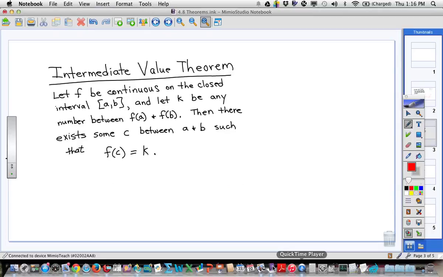Here's the second question I'm going to tell you on the test next Wednesday, and that is state the intermediate value. So you're going to have to state this theorem.